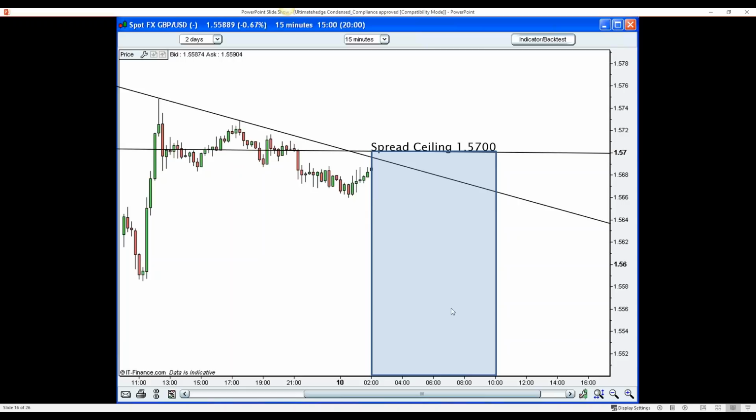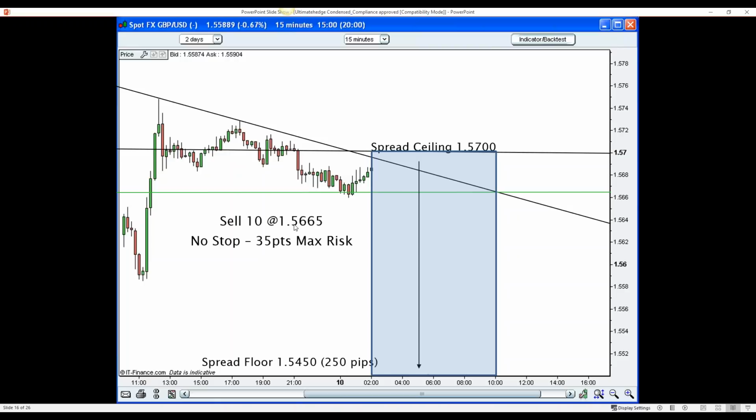So we want to go short because we think the market's going down. So we sell the spread right here. Okay? Let's say the spread goes down 250 points, all the way down to the floor of it, which is 54.50. So we sell the spread, okay, right here at 56.65.